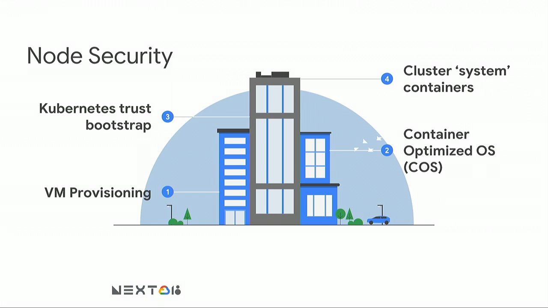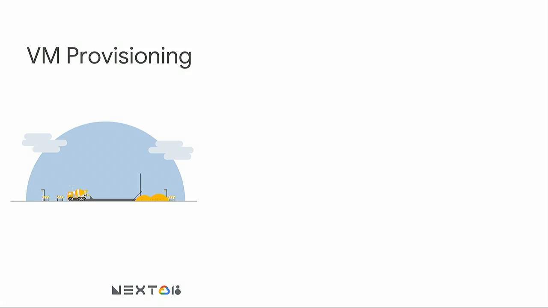So starting at the virtual machine layer, then the operating system on top, then the kubelet and how we bootstrap the trust in that system, and finally the system containers that make up Kubernetes and other Google containers that we run.